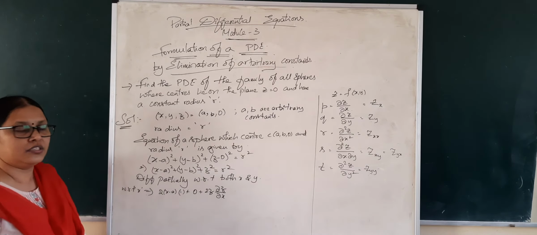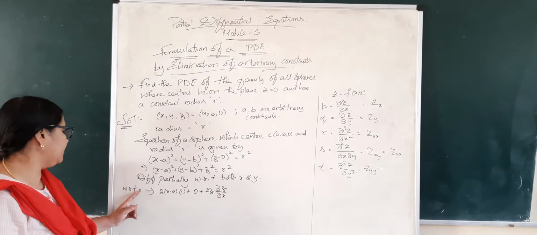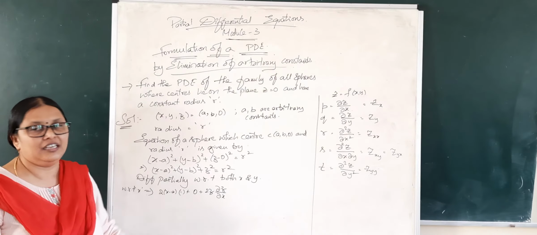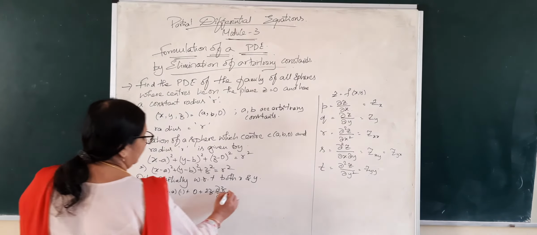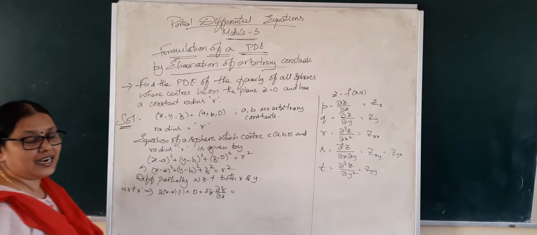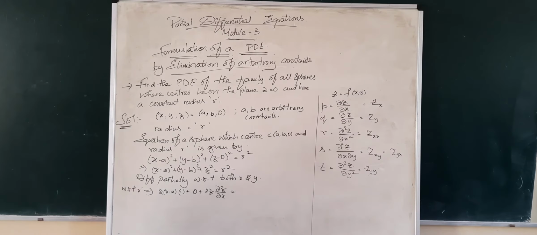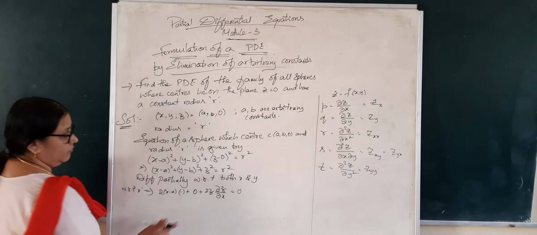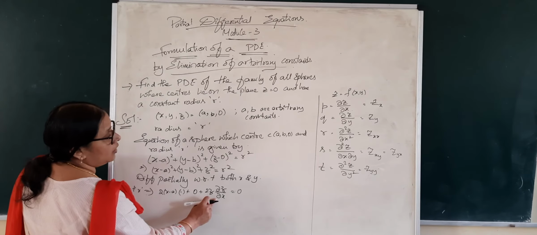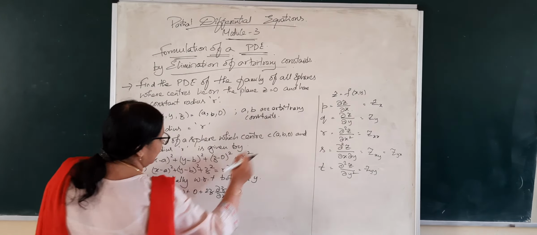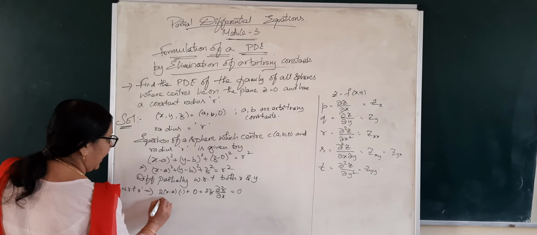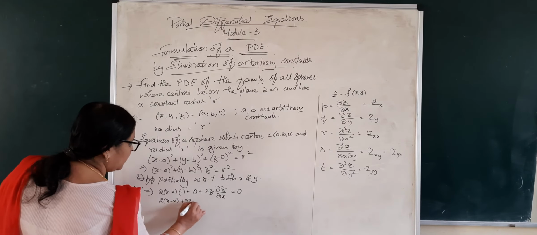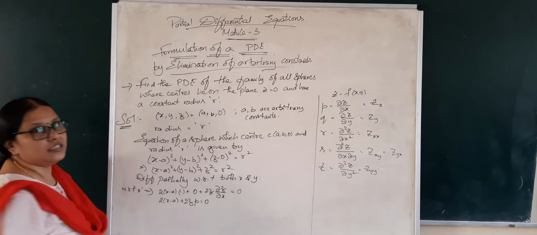And now, derivative of z square will be 2z into dou z by dou x. Why dou z by dou x? Chain rule, but with respect to x, and as z is a function of two variables here, instead of d we are supposed to use dou. It is equal to, r is a constant, hence derivative of r square is going to be 0 as well. And we know what dou z by dou x is: nothing but the standard form p. So we have 2 into (x minus a) plus 2zp is equal to 0.